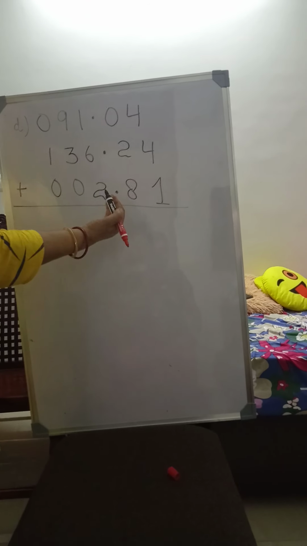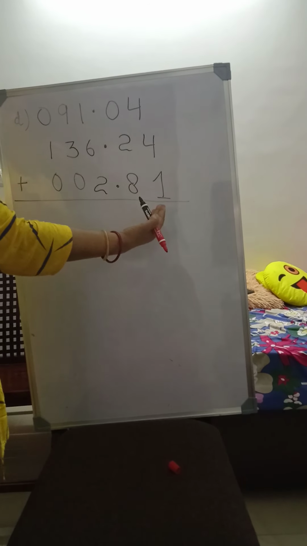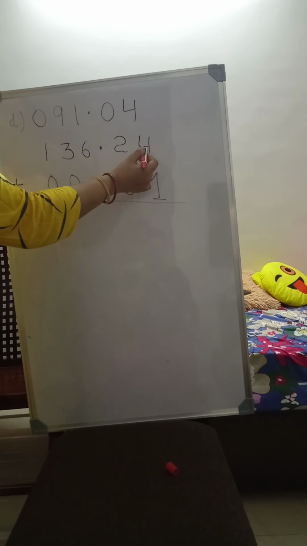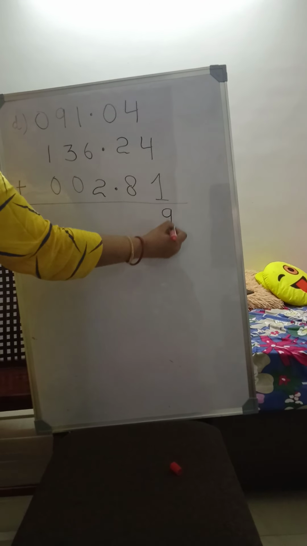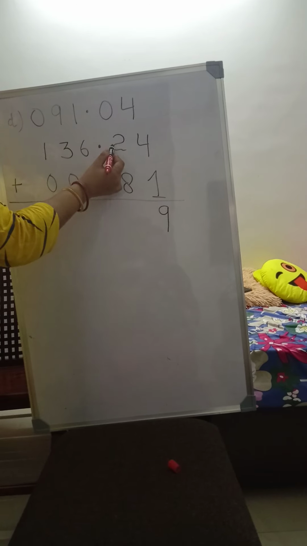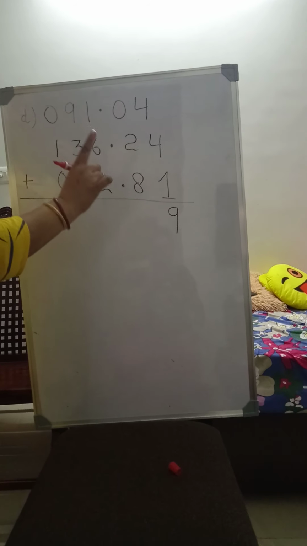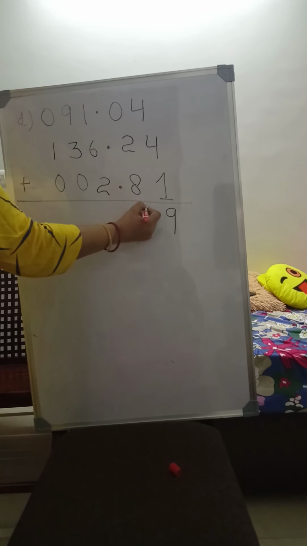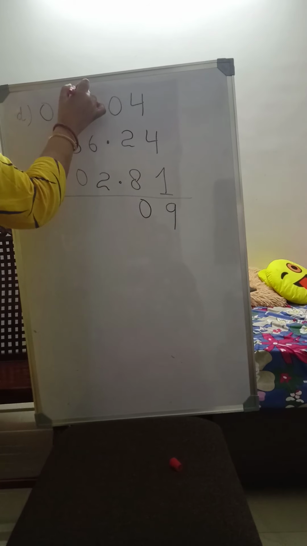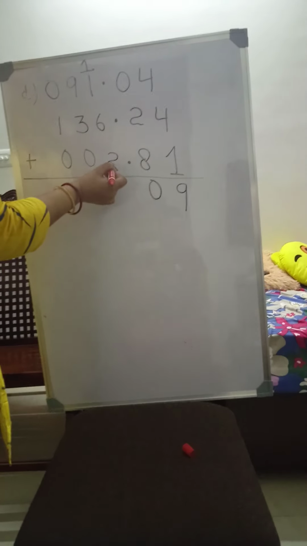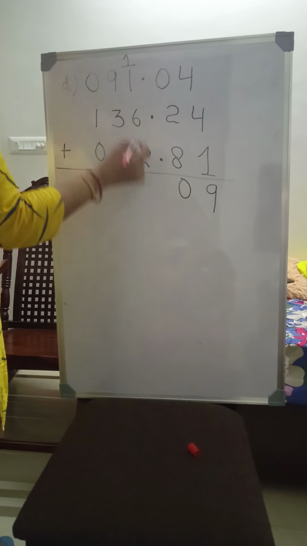Now we start from the right side. Okay. So 4 plus 4, 8 plus 1, 9. Now 8 plus 2, 10. Just add as you are doing addition in whole numbers. So 8 plus 2, 10, 0. 1 will go as a carryover to the next column. Now 6 plus 2, 8. 8 plus 1, 9. 9 plus 1, 10.